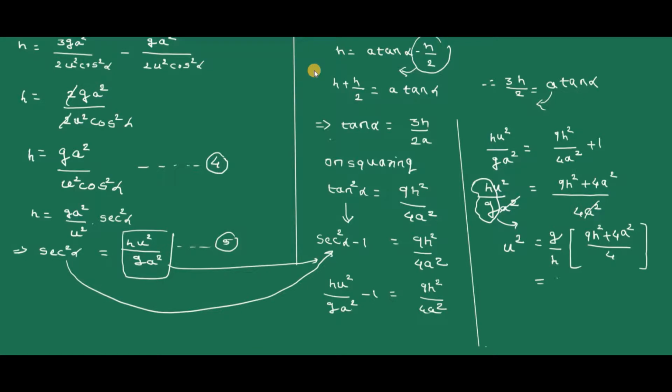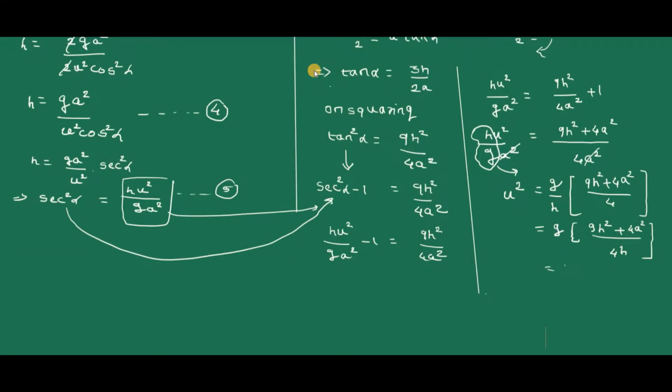Now we can also write it as g into bracket multiplying with 1 by h, so that you will get 9h square plus 4a square divided by 4h is equal to g divided by 4.